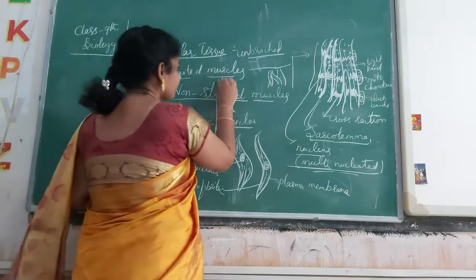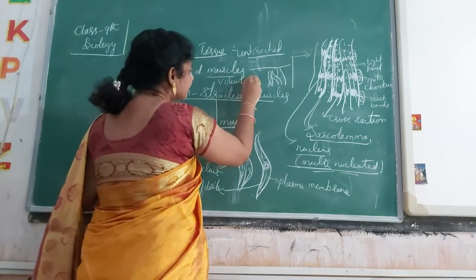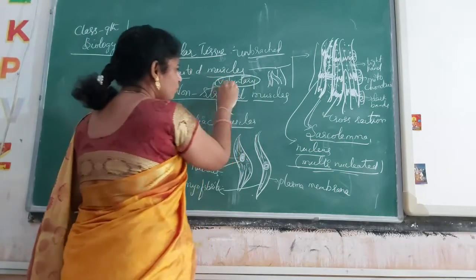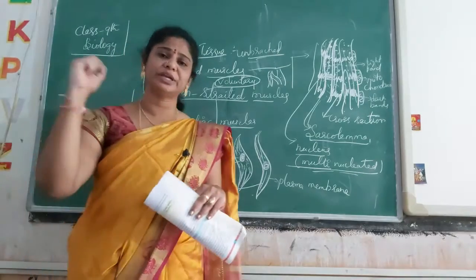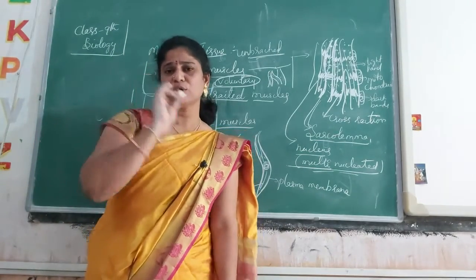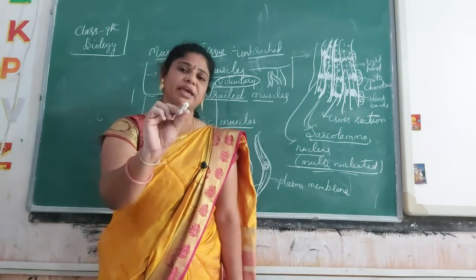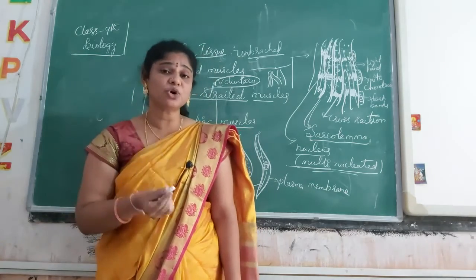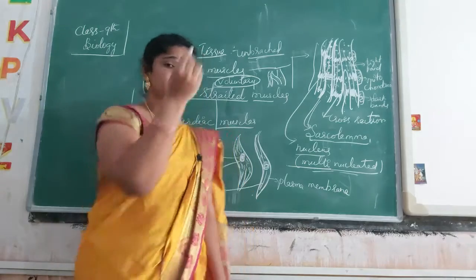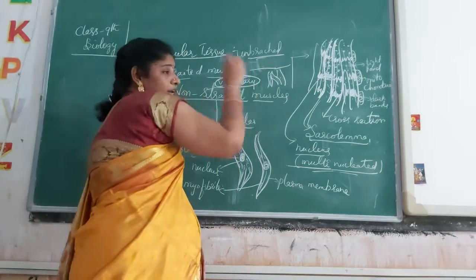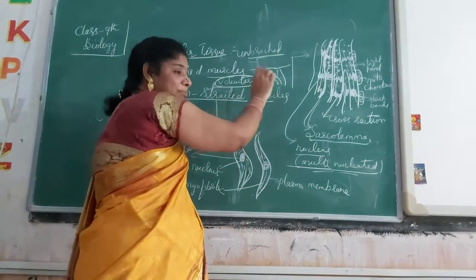See here, voluntary movement means consciously moving. I want to move like this. When I want to write, my brain is saying that you just write there. That time it means response to stimuli. I am writing here, my hand is responding to my brain.